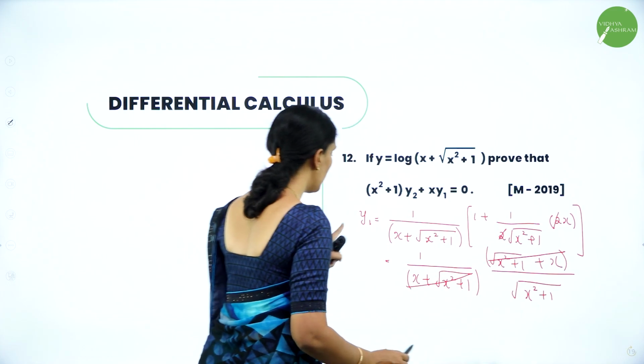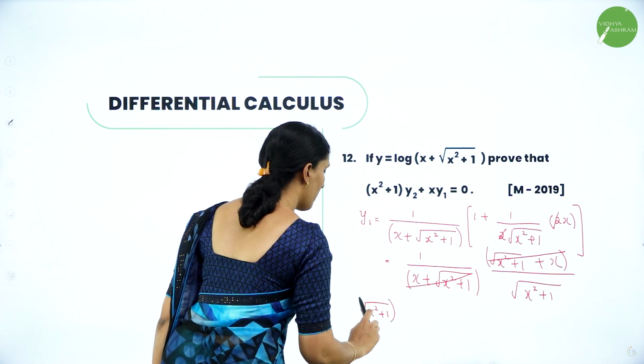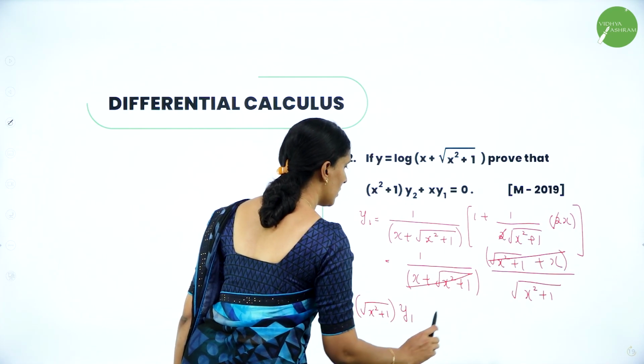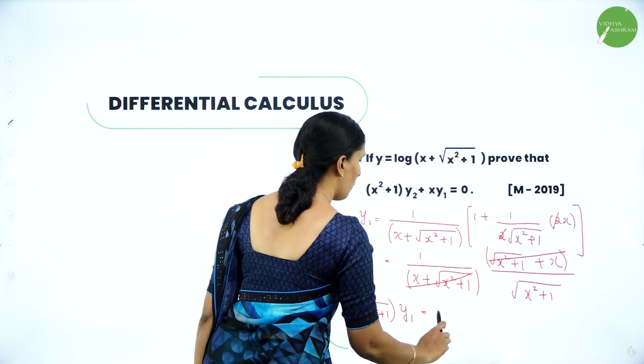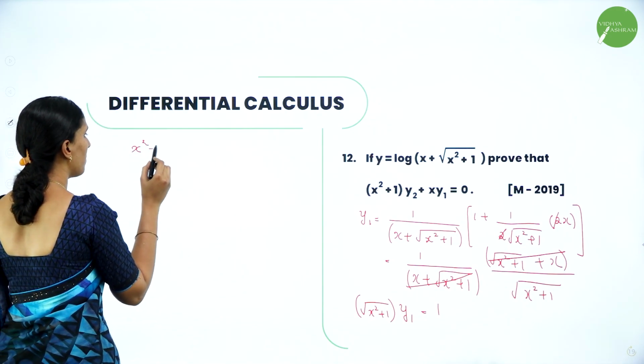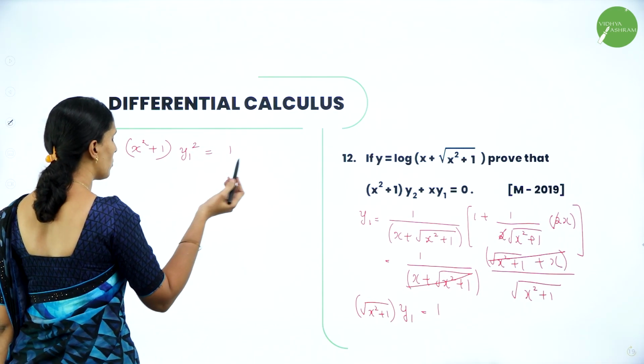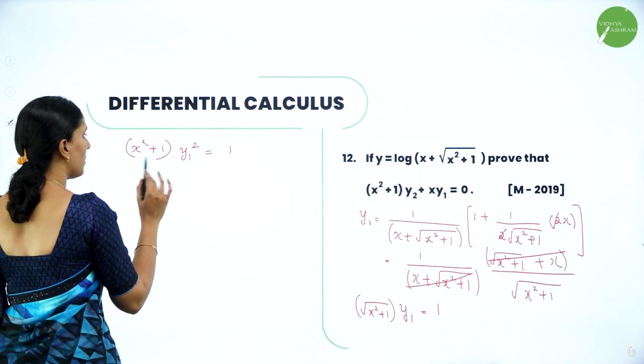We can shift to the left hand side, then it is root of x square plus 1 into y1 is equal to 1. Now squaring on both sides, we will get (x square plus 1) y1 square is equal to 1, because 1 square is 1. Let us apply the product rule.